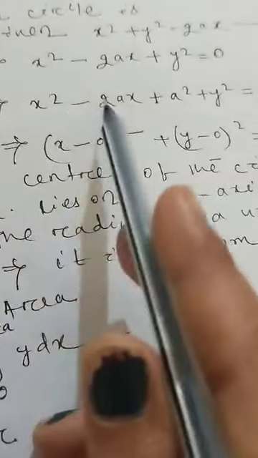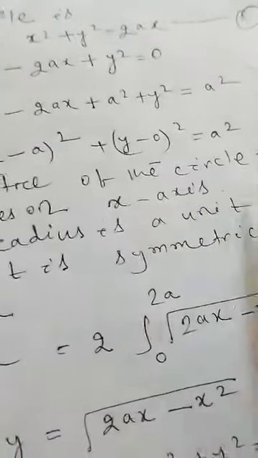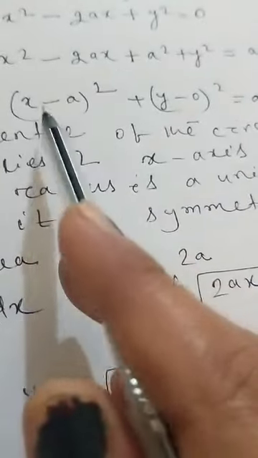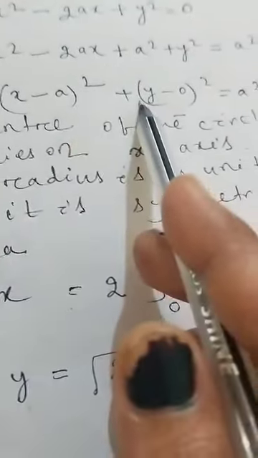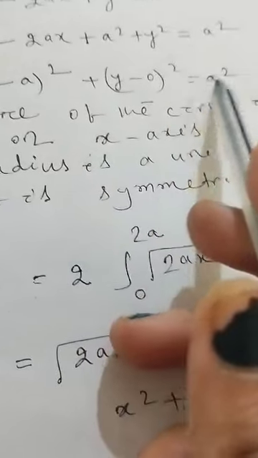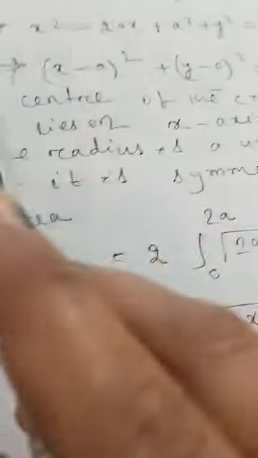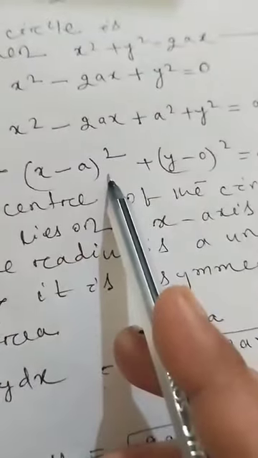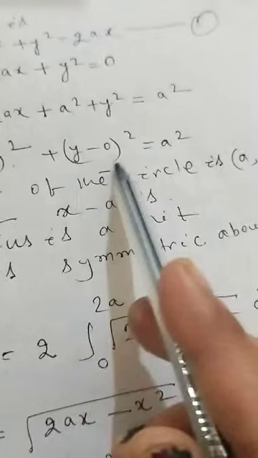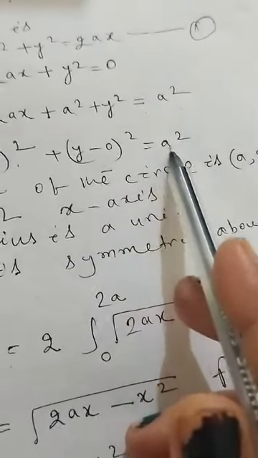Then I get the circle formula: x minus a whole square plus y minus b whole square equal to r square, the radius square. The circle formula comes as x minus a whole square plus y minus 0 whole square equal to a square.